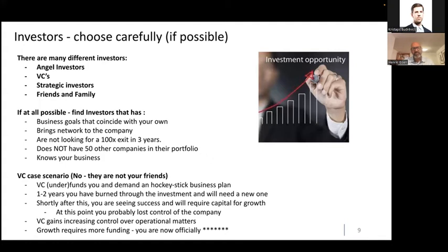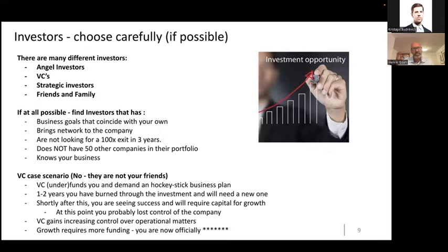The VCs have 50 other companies in their portfolio that they're also betting on without knowing anything about what they do. The VCs do not know your business. They present themselves as very serious businessmen, but they do not know your business. They never will. That's not their business.